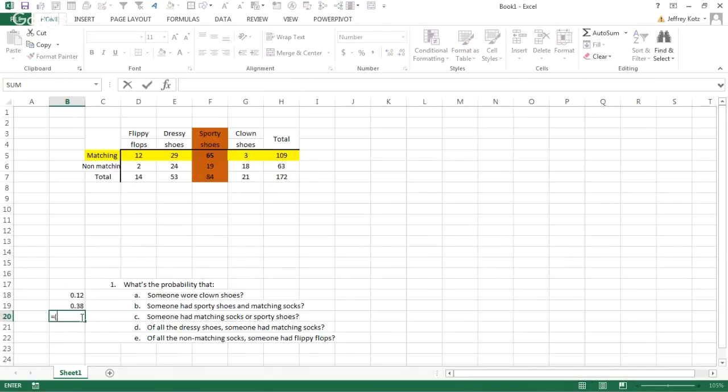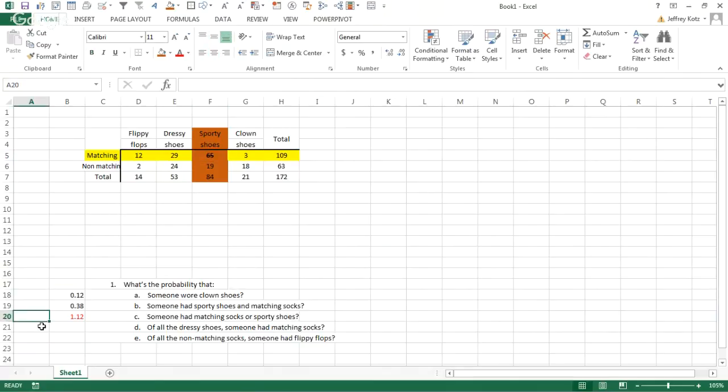So we just simply take the total number of people with matching socks, 109, add it together with the 84 people wearing sporty shoes, divide it by the 172 people, and we see the probability that someone has matching socks or sporty shoes is 1.12, and immediately realize that's bad news because you cannot have a probability which is over 1. The problem is you can't double count the people who are wearing both matching socks and sporty shoes. You can only count them once.